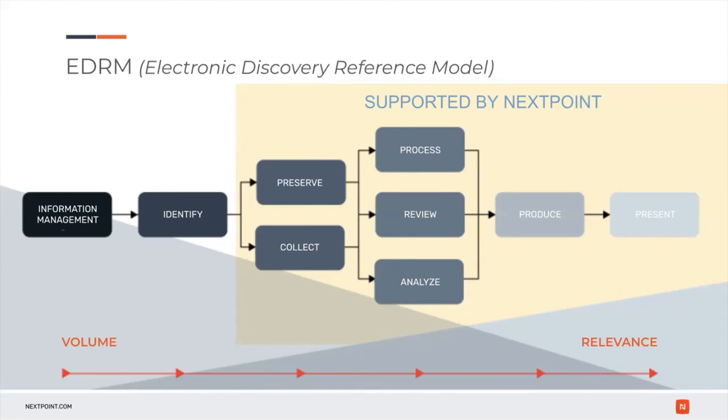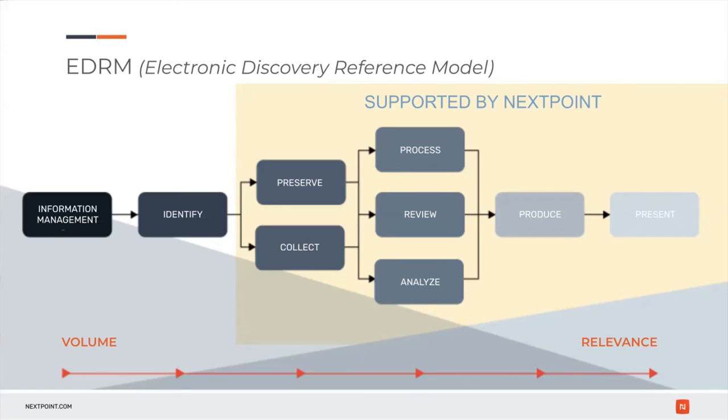But this model has been around since 2005, so it's been a while. And it was created as sort of a repeatable process to improve e-discovery standards. Something to point out here is that generally speaking, when talking about information management and identifying data, that comes from corporations and businesses creating their own processes and protocols for how they go about storing information.